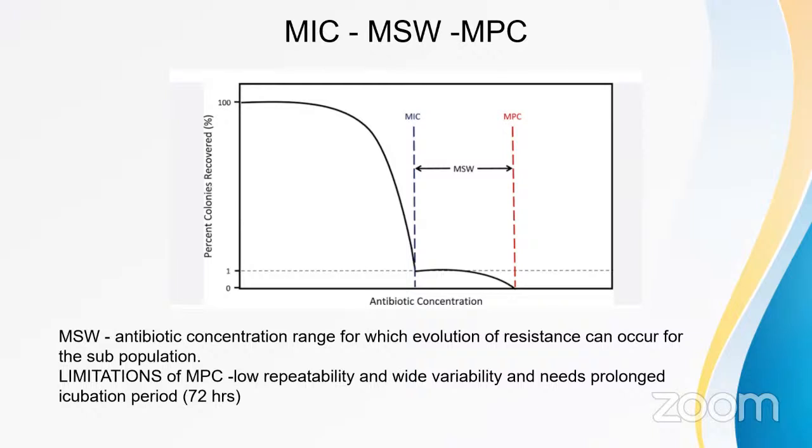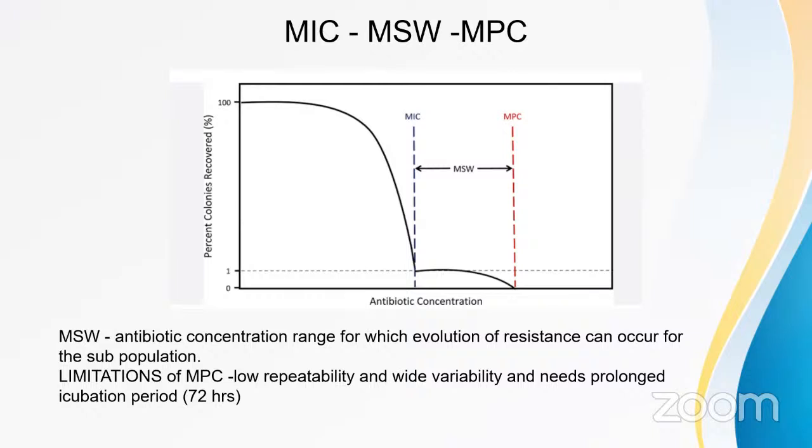The limitations of MPC are that it has low repeatability and very wide variability, and it's not easily predictable because we don't know which subpopulation is going to have resistance and which is not. Initially we start with MIC doses, but when the patient doesn't show improvement, on further cultures we see resistance again.